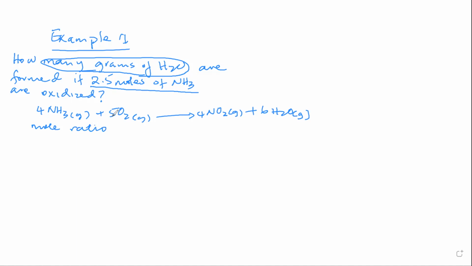The mole ratio of ammonia and water is 4 moles of ammonia over 6 moles of water, or 6 moles of water over 4 moles of ammonia.